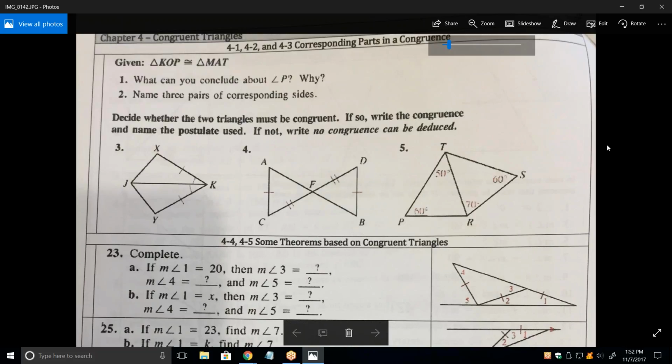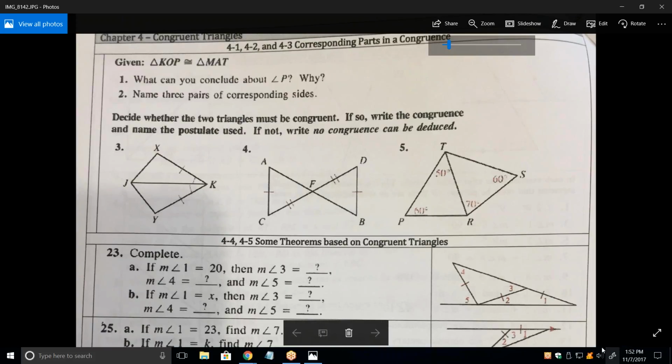Corresponding parts and a congruence. So we're going to be using CPCTC here. What can you conclude about angle P? And what this is saying, again with the typos, what am I missing here?